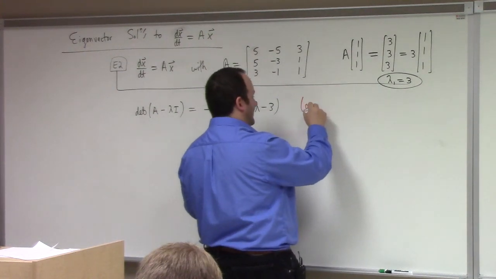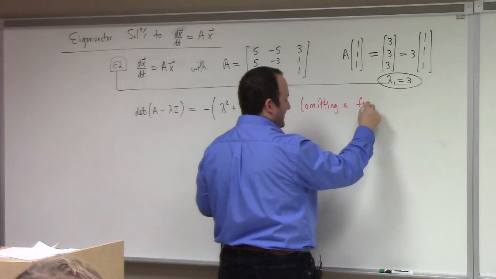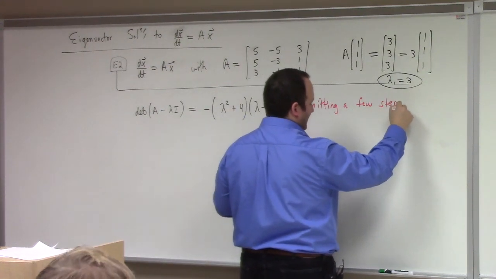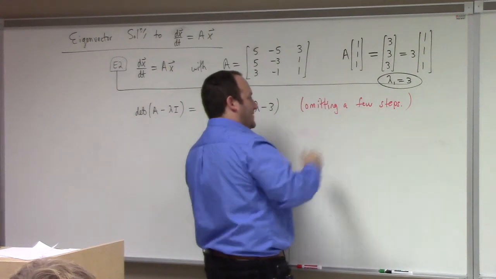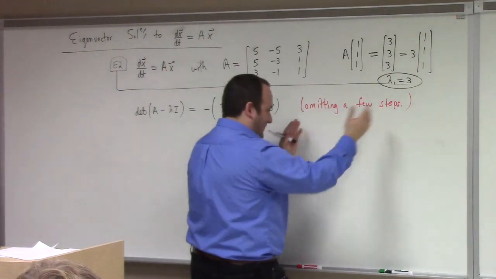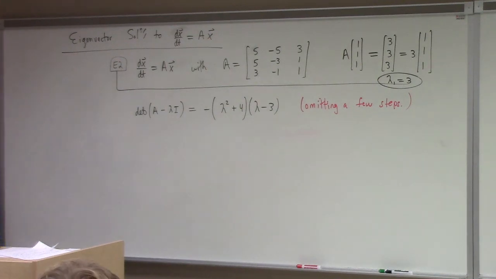Obviously, I'm omitting a few steps. You can write this in your homework, and I will omit a few points. But our time is valuable in here, and you've seen me suffer through a 3 by 3 determinant already. Let's not repeat that.